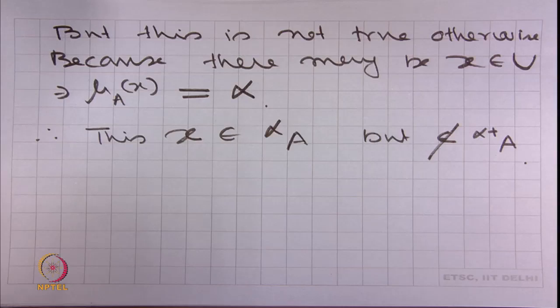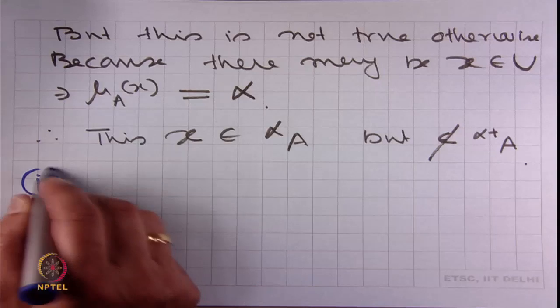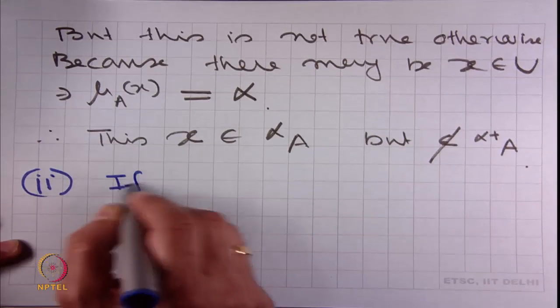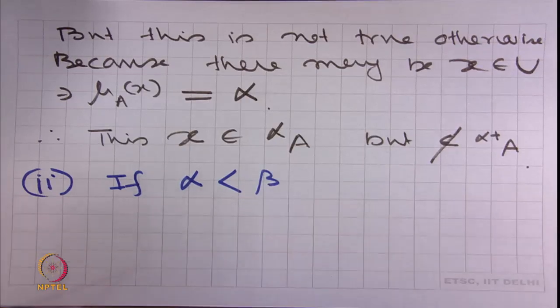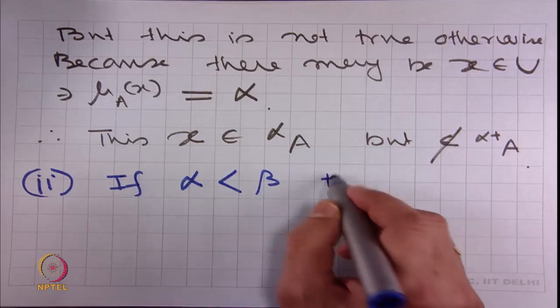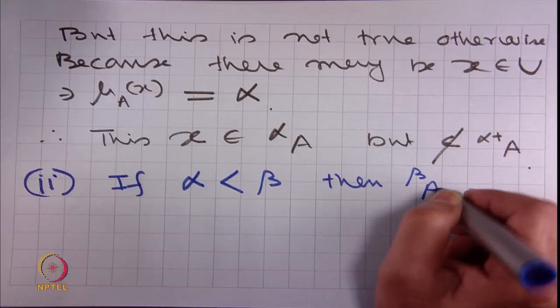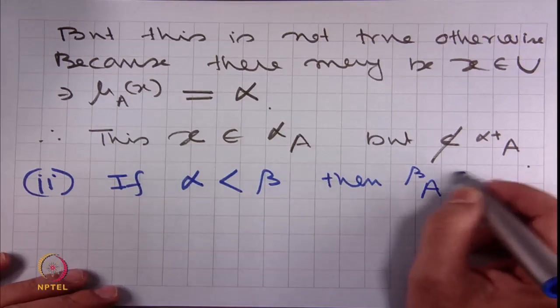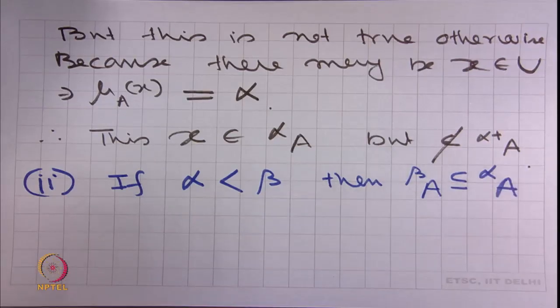Property 2, if alpha is less than beta, then beta cut of A is contained in alpha cut of A. This is obvious.